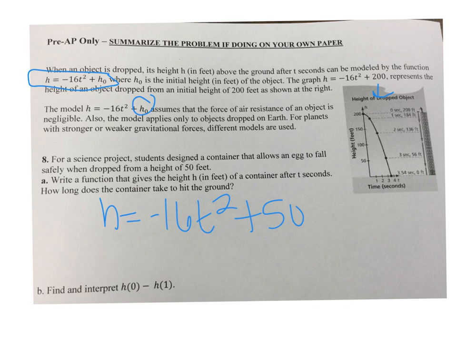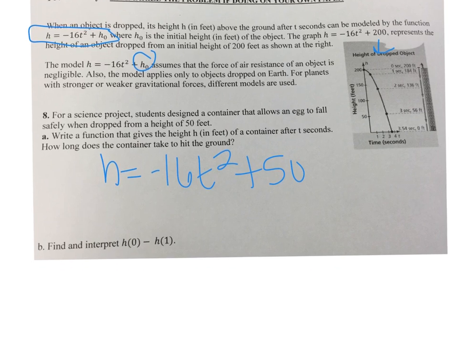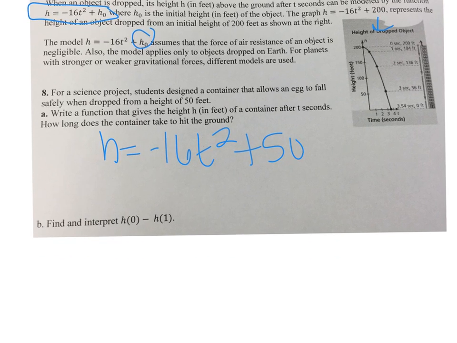But what we need to do is interpret h of 0 and h of 1 and subtract those two. Basically that's going to tell us how much it dropped between 0 and 1 second. So h of 0 means t is 0, and h of 1 means t is 1. So we need to find each piece and subtract.